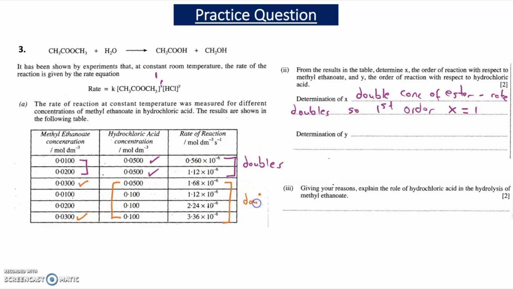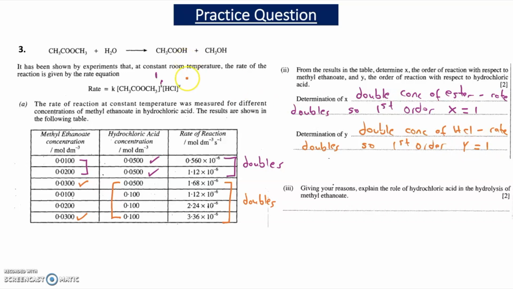Now when I double the concentration of hydrochloric acid, the rate doubles from 1.68 times 10 to the minus 6 to 3.36 times 10 to the minus 6. So because I double the concentration of hydrochloric acid and the rate doubles, I can conclude that the reaction is first order as well with respect to the hydrochloric acid concentration. So the value of y is also 1.